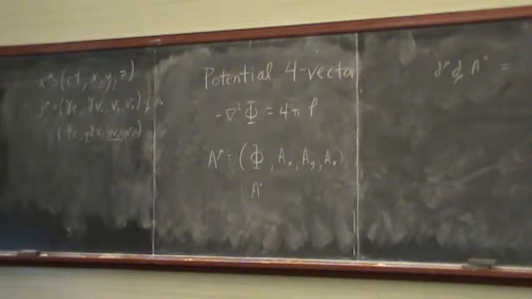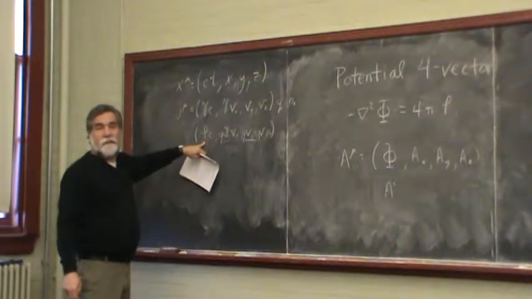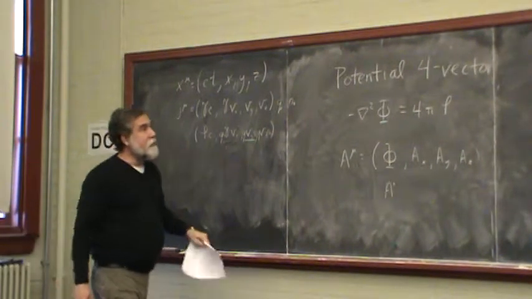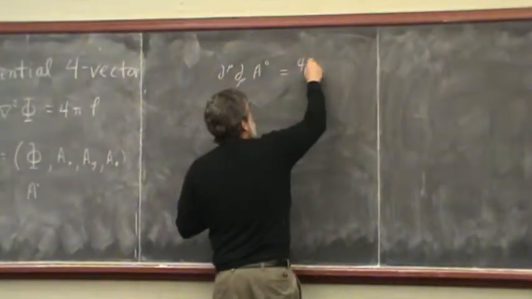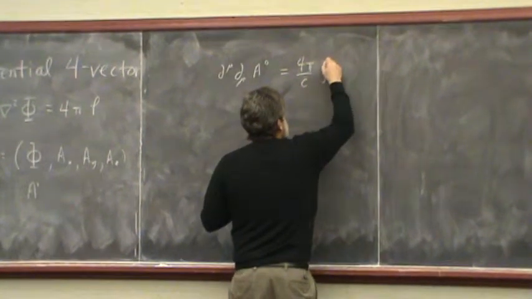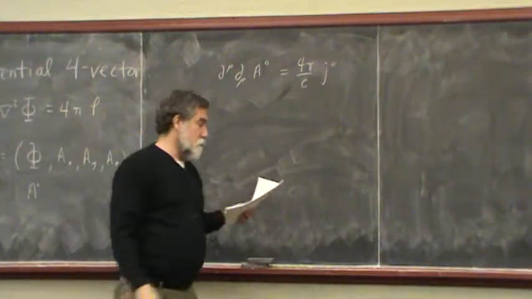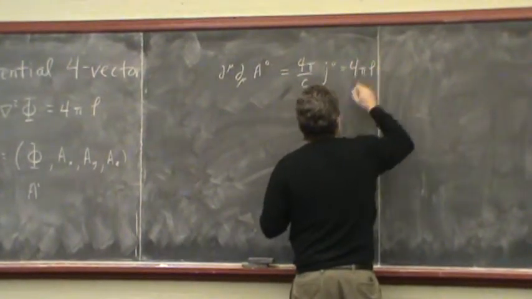Okay. I just wanted to be sure I wrote rho there, because I want to look at how the first term behaves here. The first term over there is going to be 4 pi over c J0, and J0 then gives me 4 pi rho.